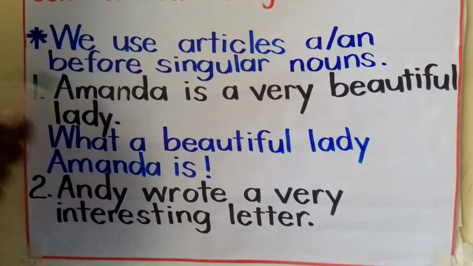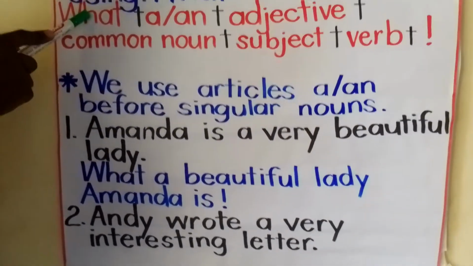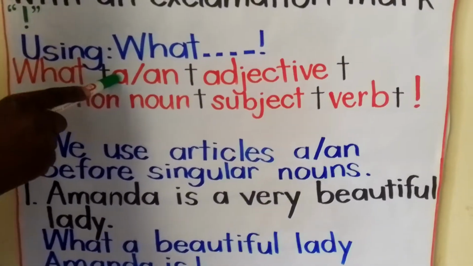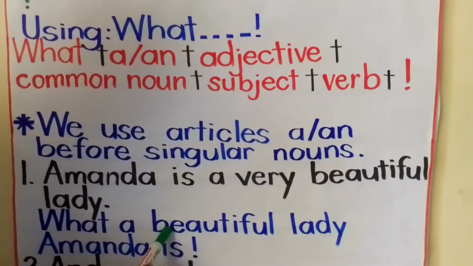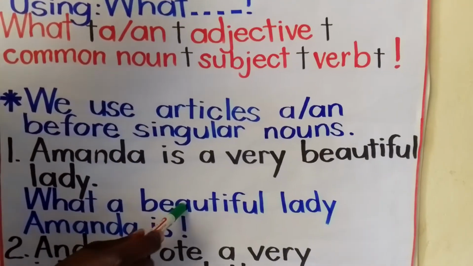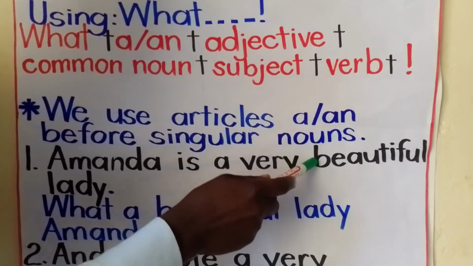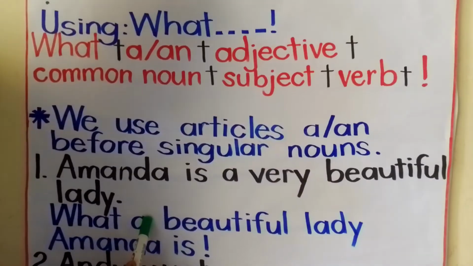Then, following the structure pattern, we begin with what. We put an article. This article, like I said, is determined by the adjective. According to the sentence, the adjective is beautiful. And the fact that this word beautiful has a consonant sound, we put article a.